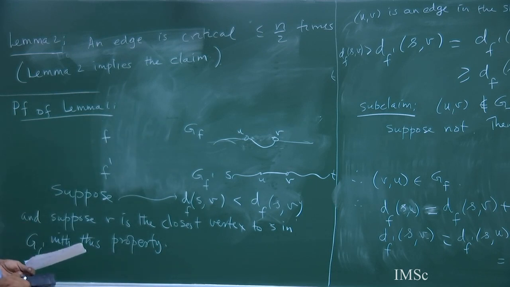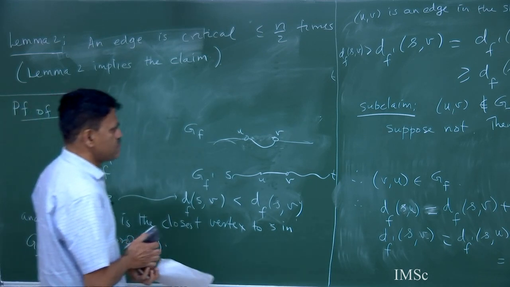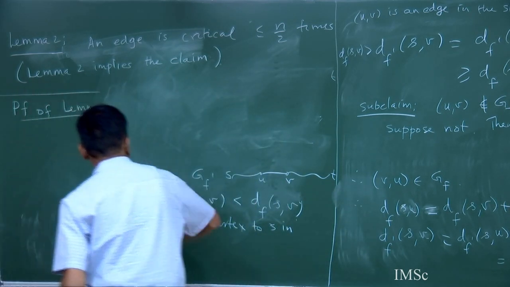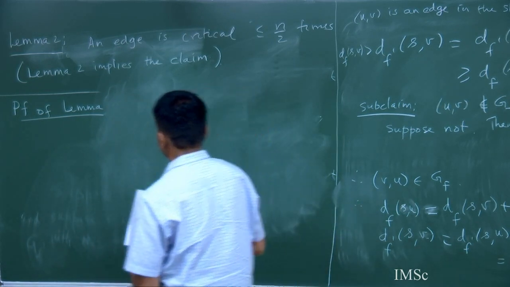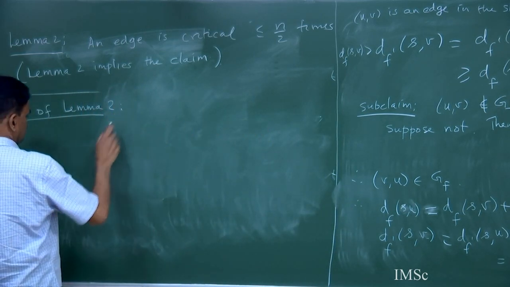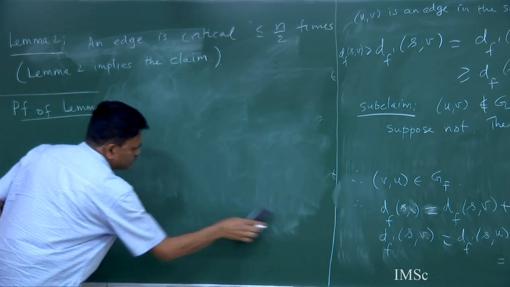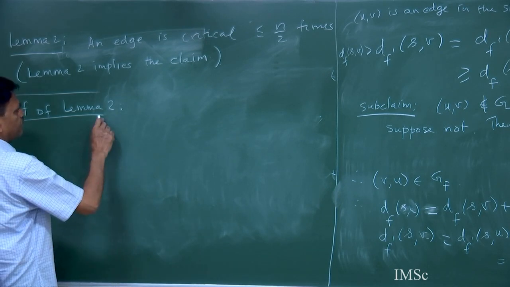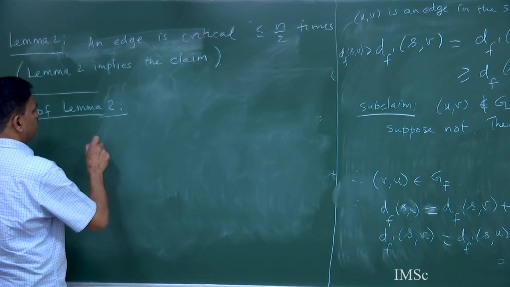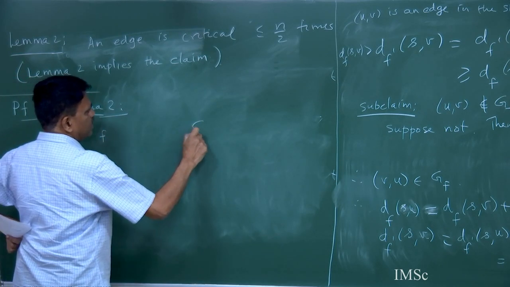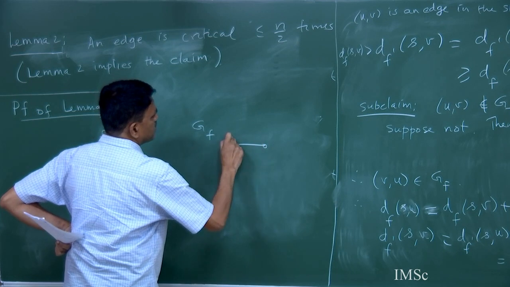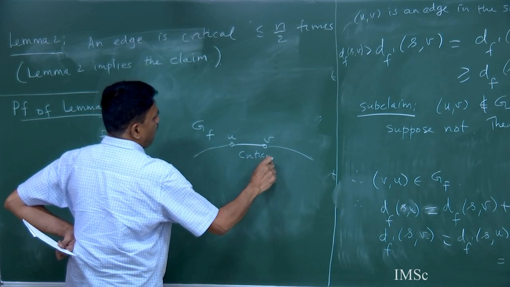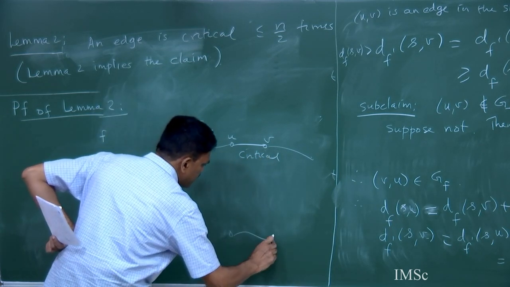And now lemma 2, again the bulk of the proof is here: an edge is critical at most n by 2 times. Why? Okay, I'm going to use more or less the same proof. Here was F and here was GF, where this edge UV became critical, and later on it's becoming critical again.